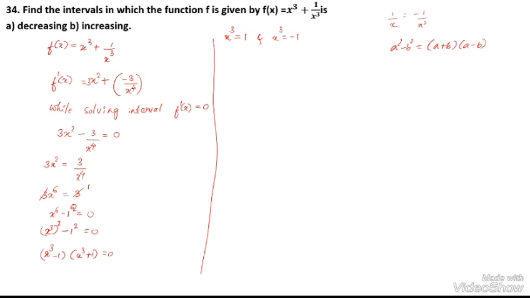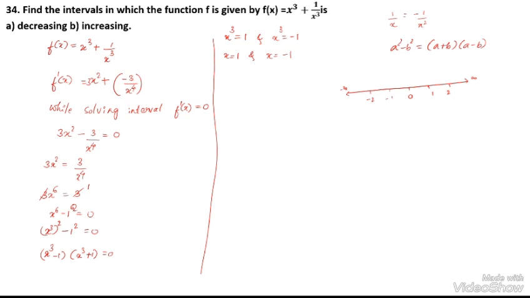By this property, x cube equal to 1 gives x equal to 1, as 1 into 1 into 1 is 1. Similarly, the other equation gives x equal to minus 1. So x has two values. Now, again writing the intervals, taking the number line, here this is 0, minus 1, minus 2, and so on, and plus 1, plus 2, and so on.